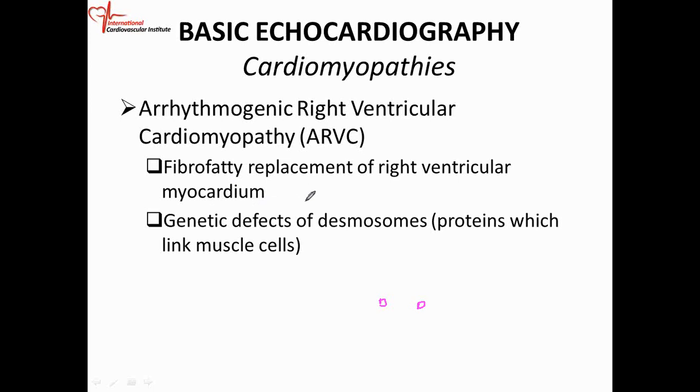This is caused by a genetic defect of the desmosome, which is a protein that links the heart muscle. So it's a problem with the protein that binds them together, so to speak. So you can see if there's a problem with that, then it's going to really affect the heart muscle. But the essential thing is fibrofatty tissue replacing the heart muscle.